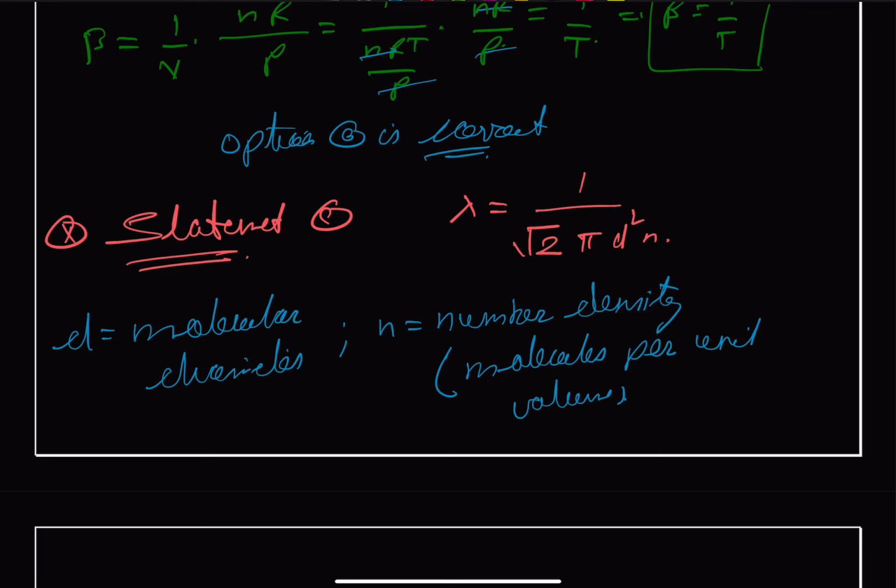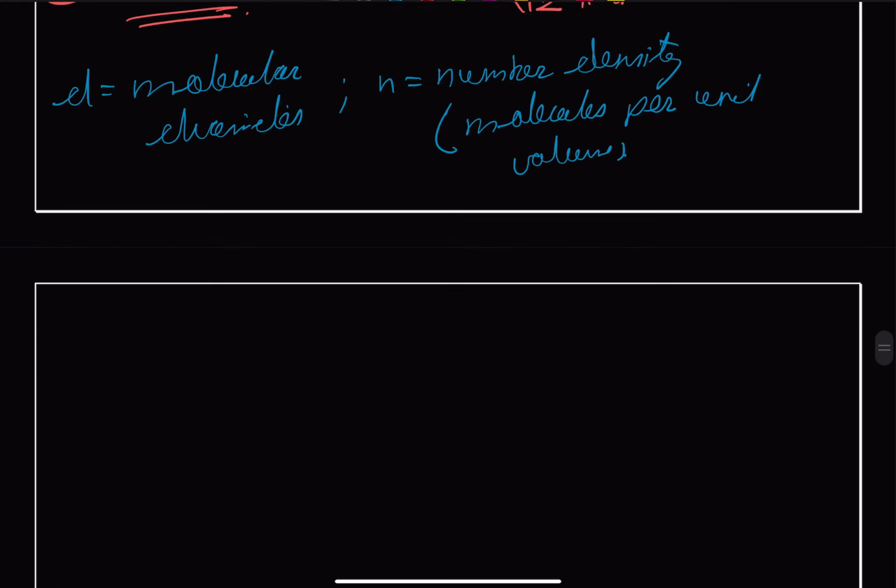And for ideal gas, we can write that PV is equal to NRT. In this case, let us write this with capital N, in order to differentiate it from small n.